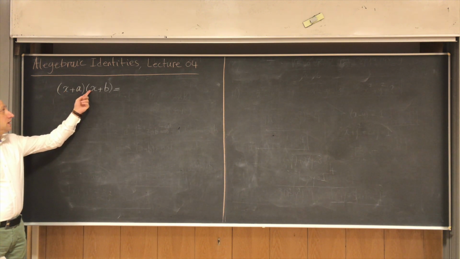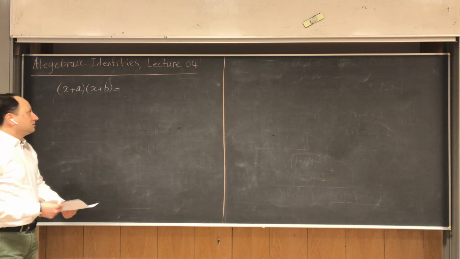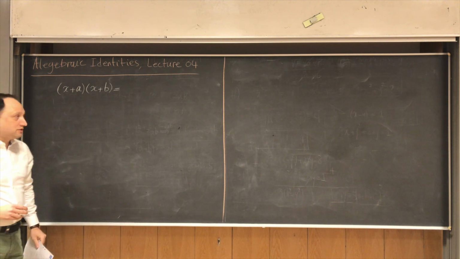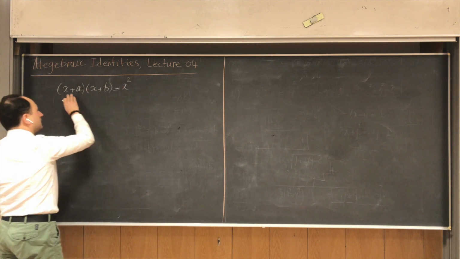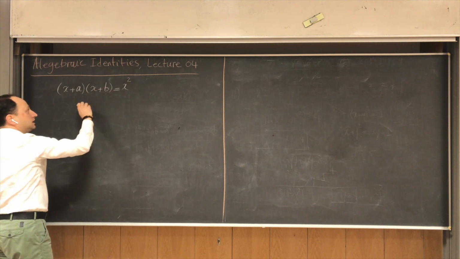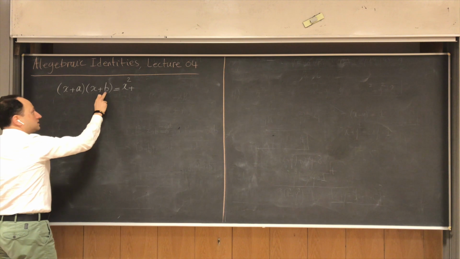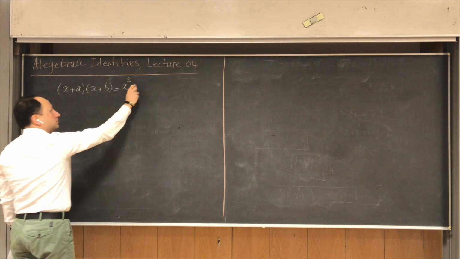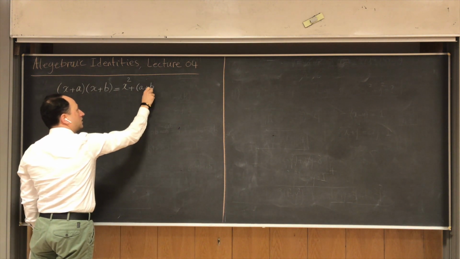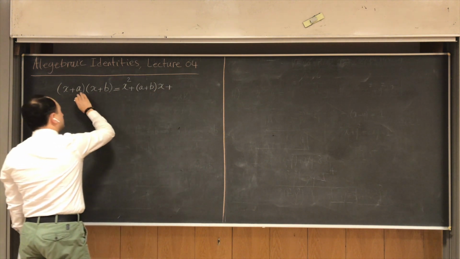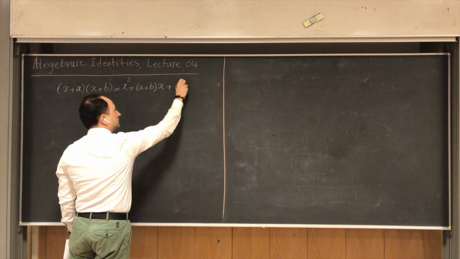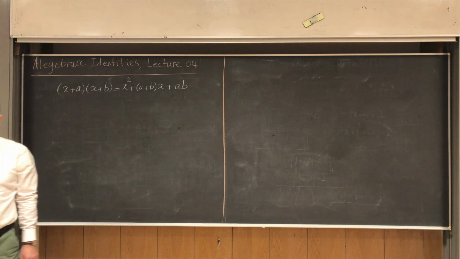Of course you can just multiply, but the answer would be the common term squared, plus the sum of these two terms multiplied by the common term x, plus the product of a and b. Yes? So it's very, very simple.